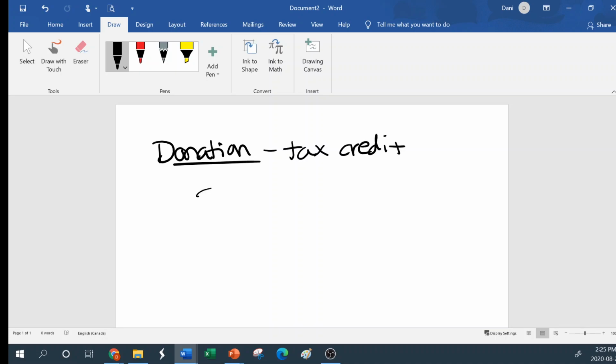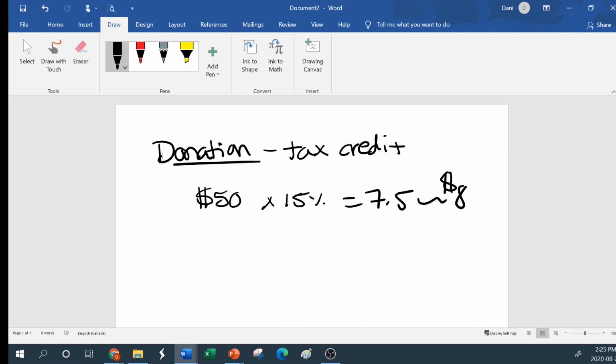So let's say we made a $50 donation, we would actually get 15% of that back. So 15% of $50 is, I think, $8. So 7.5, we're just going to round it to 8 for simplicity.